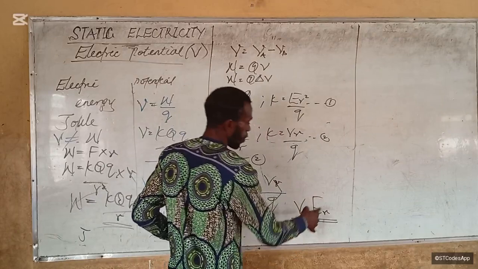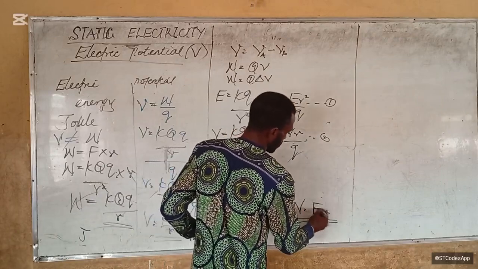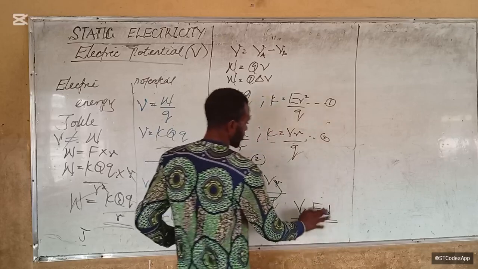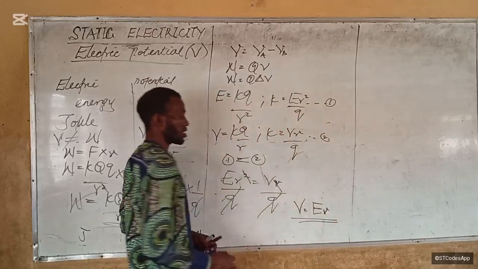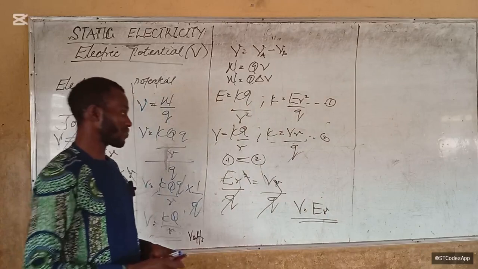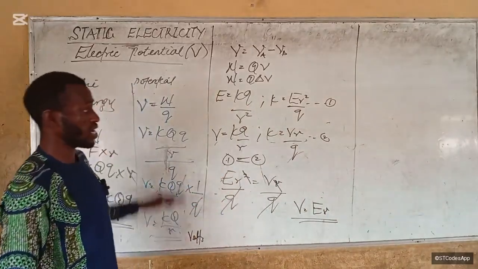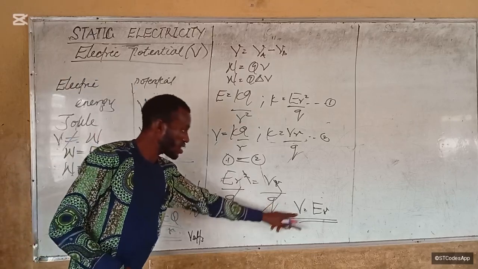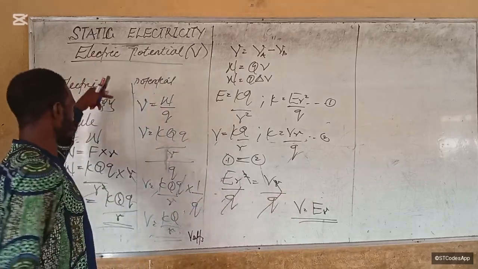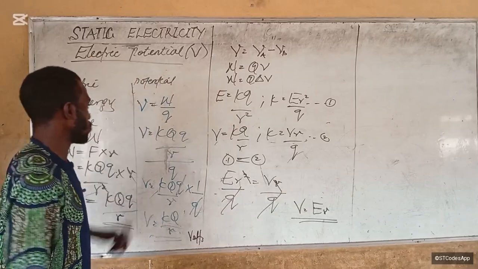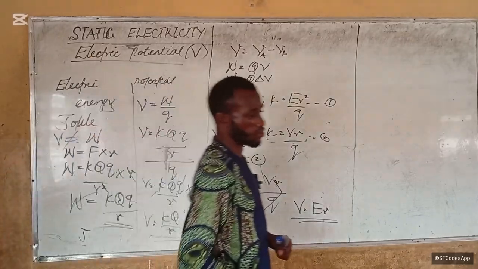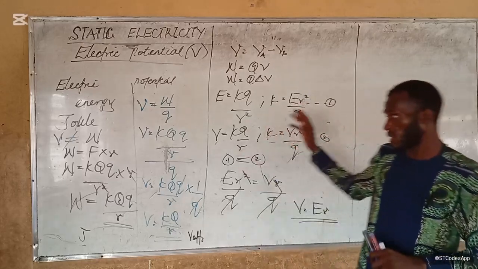That is another formula. In some textbooks you might see VD there, but since we have been using R for our distance, this is another formula. These are the formulas you have for electric potential: V is ER, or V is work done per Coulomb. If the work done is given to you, you can easily solve with any of these formulas.